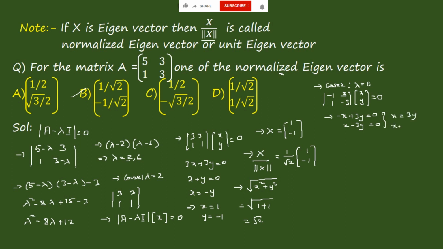When x is equal to 1, then y is equal to 3. If you find the modulus of X, it is the square root of x square plus y square, so it becomes 1 plus 3 square, which is root 10. But such an option is not here, so we'll be going with option B only.